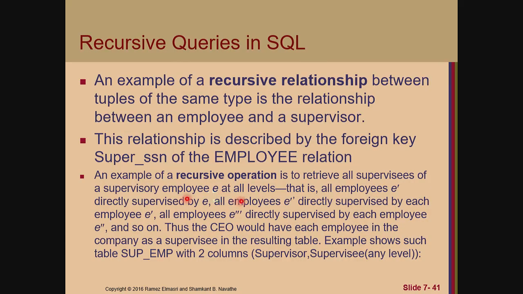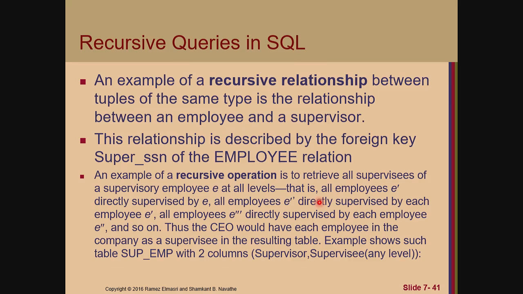E at all levels. Level means when you think about supervisor and supervisee. Sometimes a supervisor has a supervisee, and the supervisee is the supervisor for another supervisee. Right? And we have several levels of supervisors and supervisees. So it's very difficult to understand the relation.